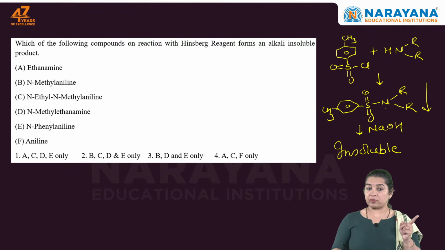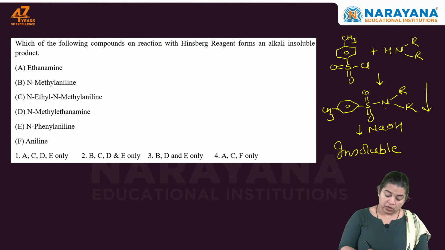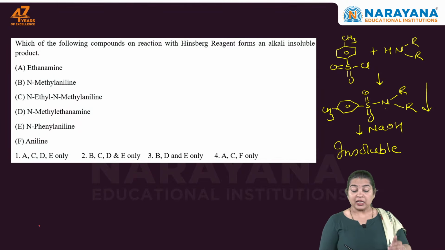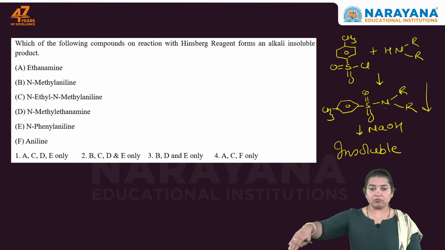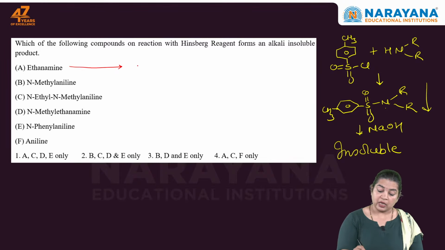Now, Hinsberg, chapter amines again. See how much amine is asked in this particular shift. Indirectly the question is asking how many of these are secondary amines. Same point has been asked. So, let us write all the structures. Ethanamine is CH3CH2NH2.